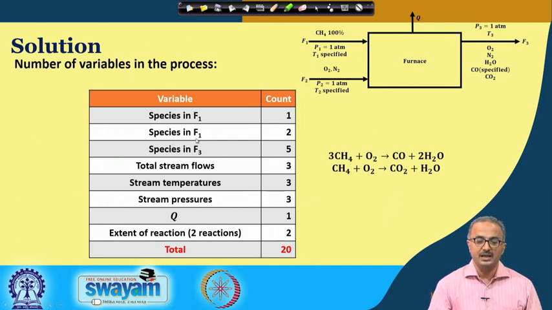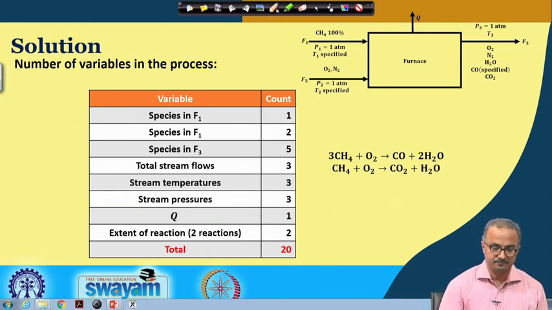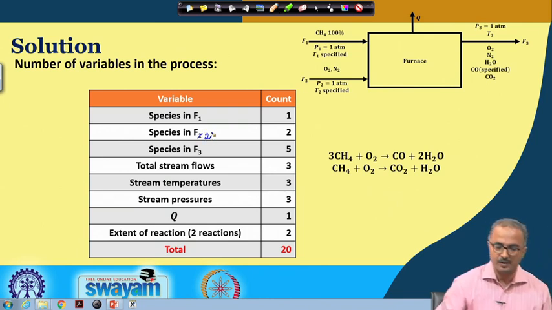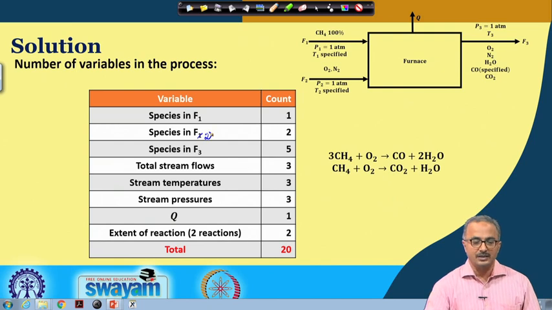Then species in F2: in F2 we have two species, that is oxygen and nitrogen. So we are counting 2 here, and in the stream F3 here you can see we have 1, 2, 3, 4 and 5. So we have 5 components and we are putting 5.